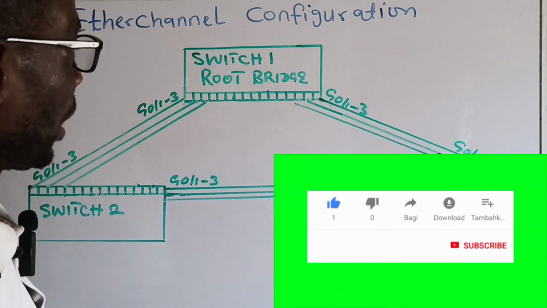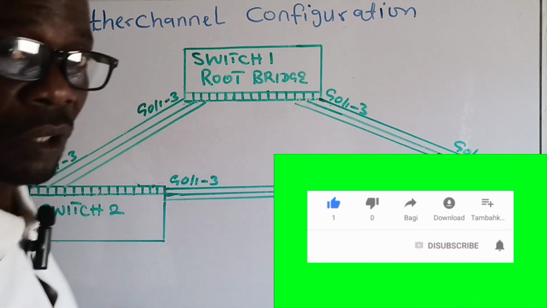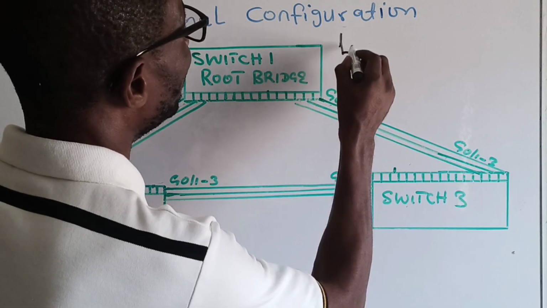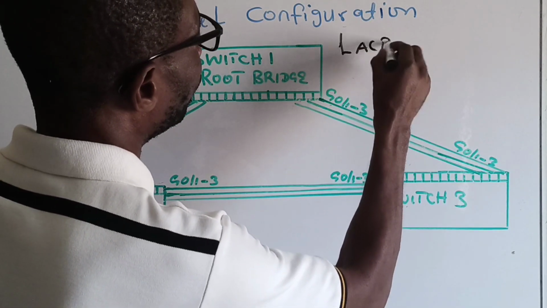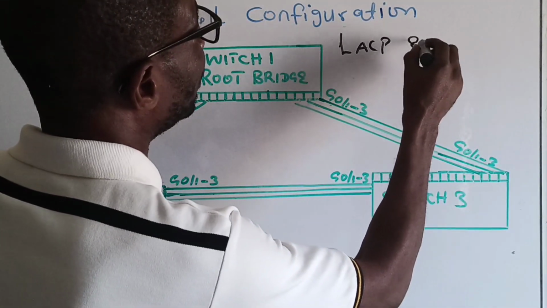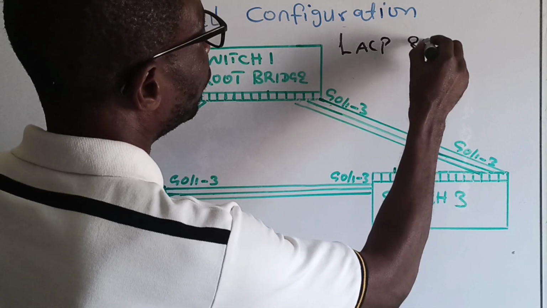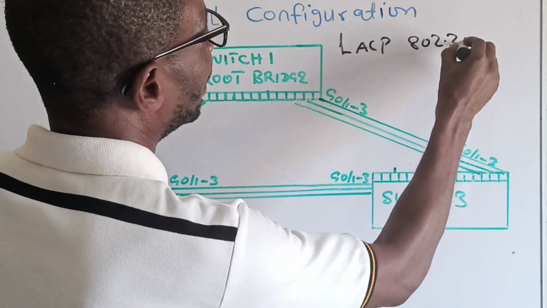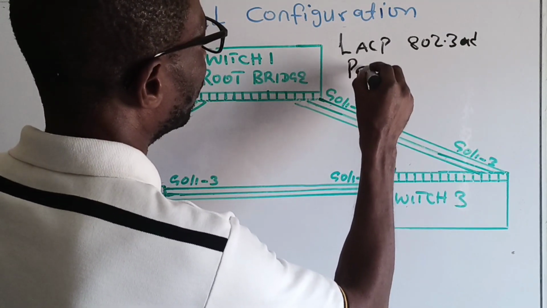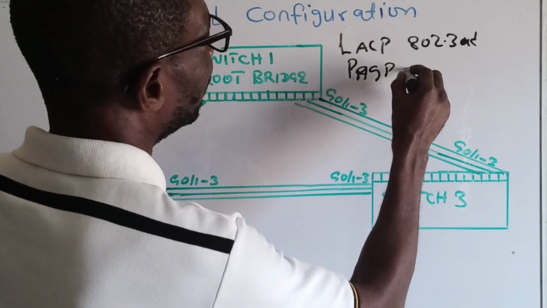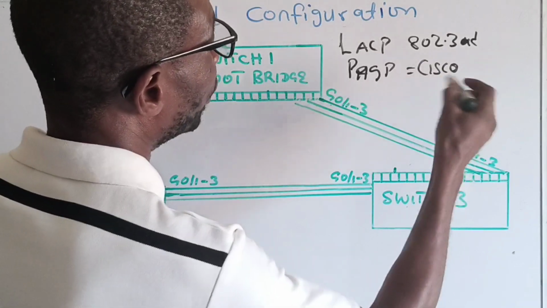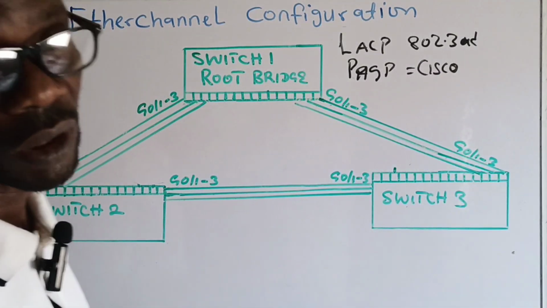Now I'm going to configure two types of Etherchannel protocols here: the Link Aggregation Control Protocol, which is the industry standard Etherchannel, IEEE 802.3ad, and the Port Aggregation Protocol, which is Cisco proprietary. Cisco designed this to be configured between Cisco switches.